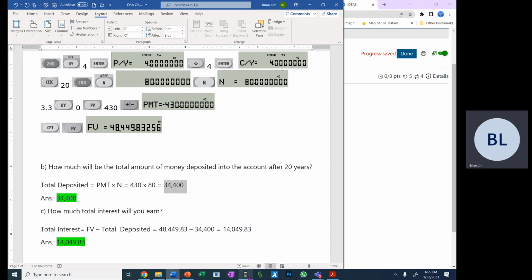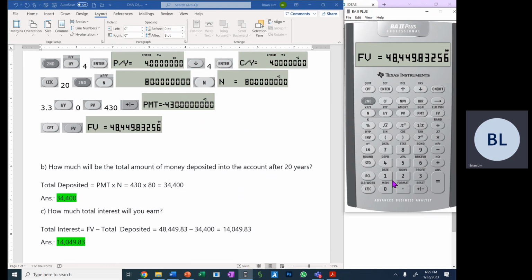34,400. And we can show that on the calculator by going 430 times 80. All right, so 34,400, that is PMT times N. How much total interest will be earned? Well, it is the future value minus the total deposited.